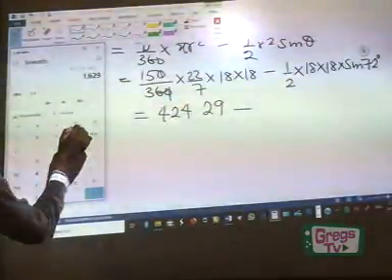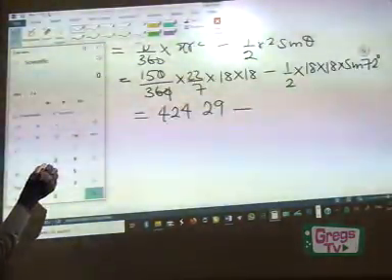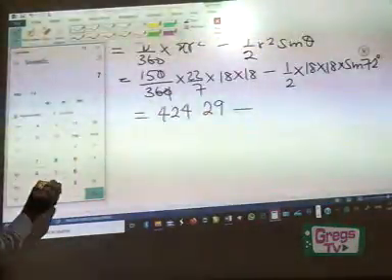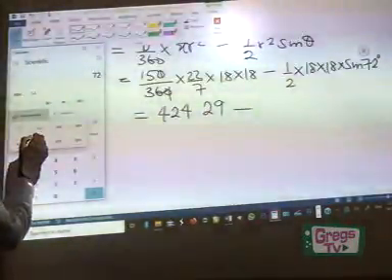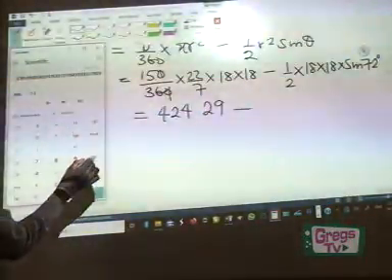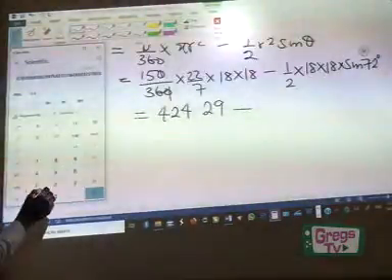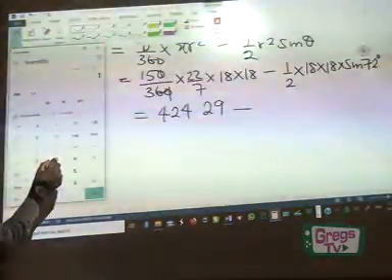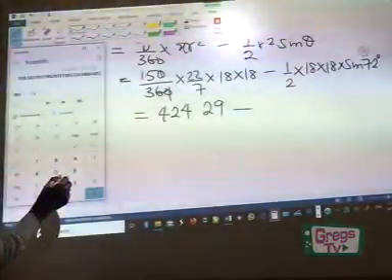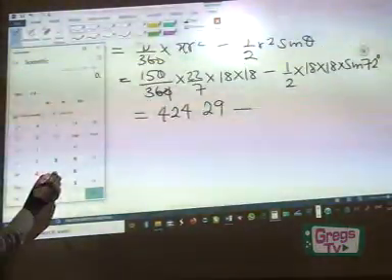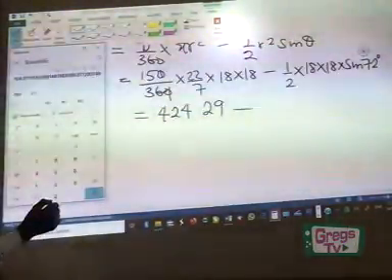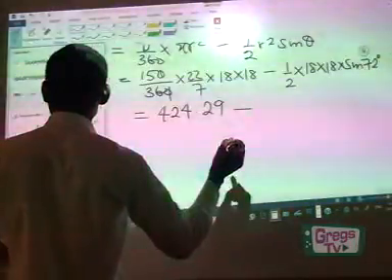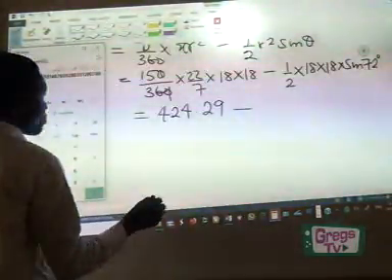And if you permit me, let's quickly find sine 72 first. Then we can now multiply by 18. Multiply by 18. Then multiply by 0.5. That's half. So you will have 154.07.